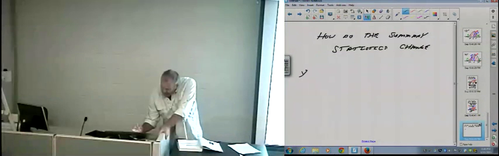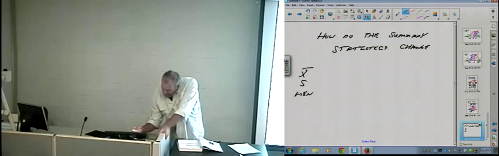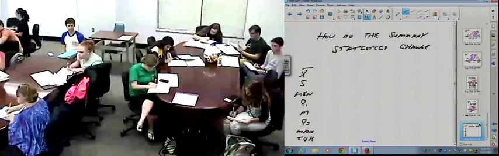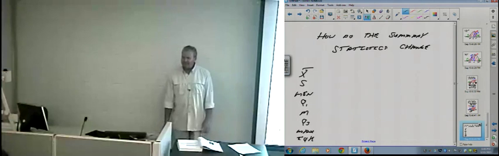I'm talking about the mean, standard deviation, minimum, first quartile, median, third quartile, maximum, interquartile range. That's all the stuff we calculated in Chapter 2.